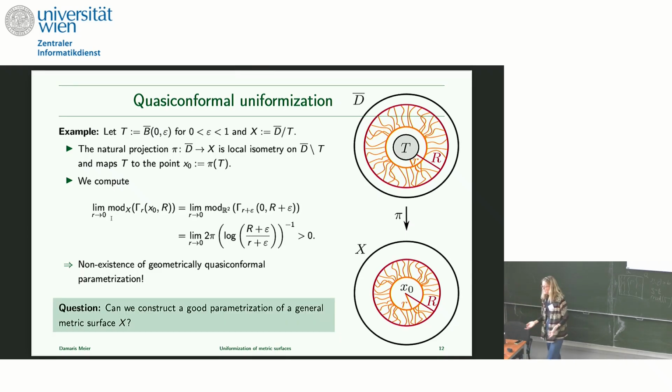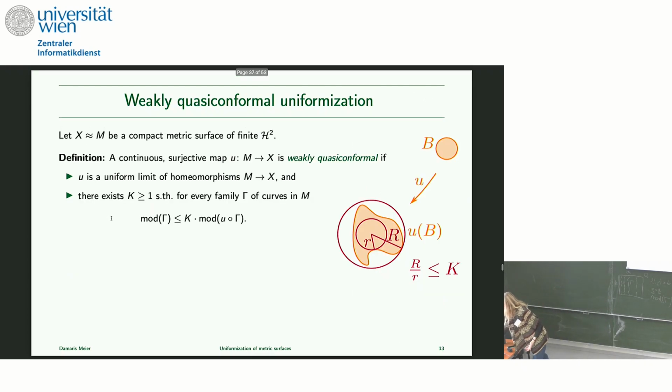So can we somehow construct a good parametrization of a general metric surface? This is why we look for the third class of mappings that I mentioned, and these are called weakly quasiconformal mappings. We go to the compact case now because the definition of weak quasiconformality is a little bit easier there.